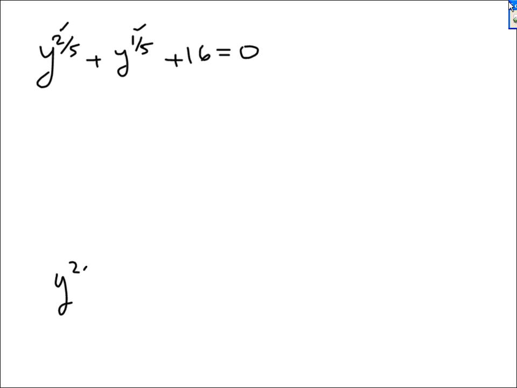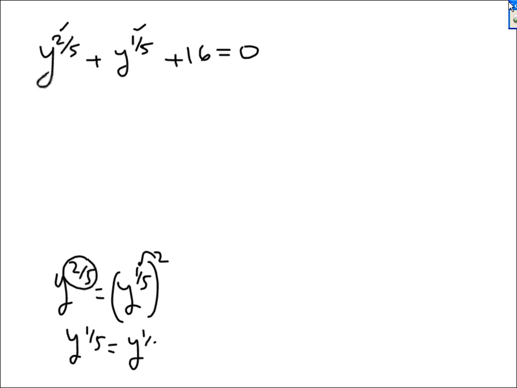Well, just remember, this is the same as y to the fifth squared. When you multiply those powers, you get 2/5. Y to the 1/5, well, that's y to the fifth. That's the first power.